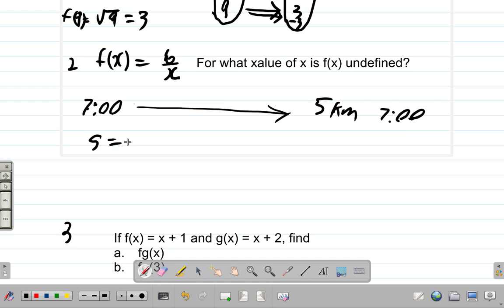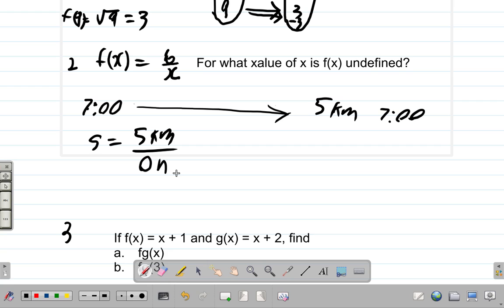Your speed would be the distance traveled, 5 kilometers, divided by time. But if you leave here at 7 o'clock and you reach the other town at 7 o'clock, the time would be 0 hours. It's impossible to travel any distance in 0 time.